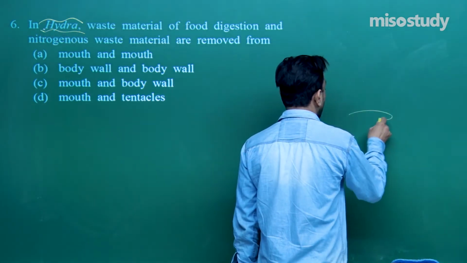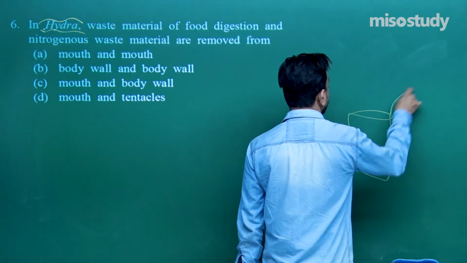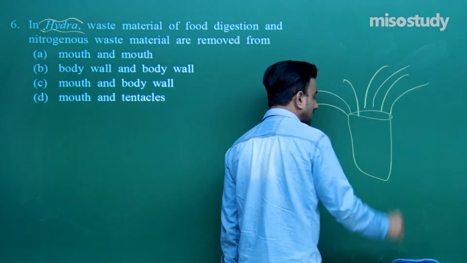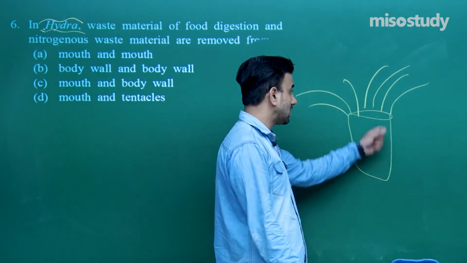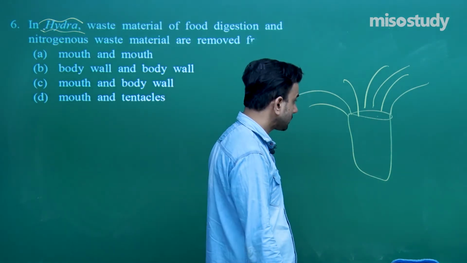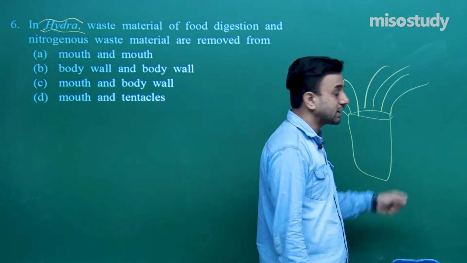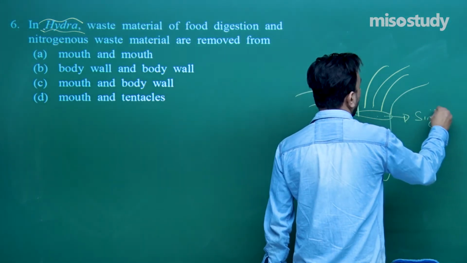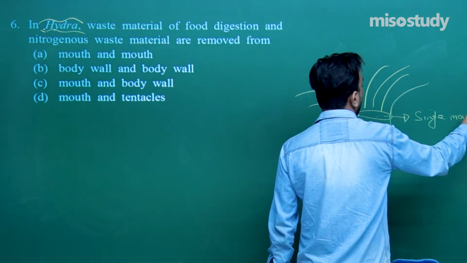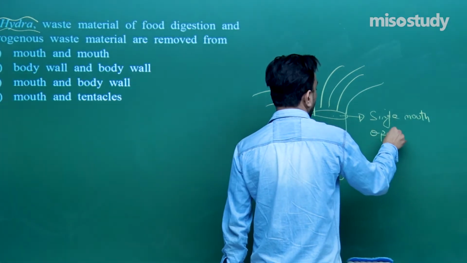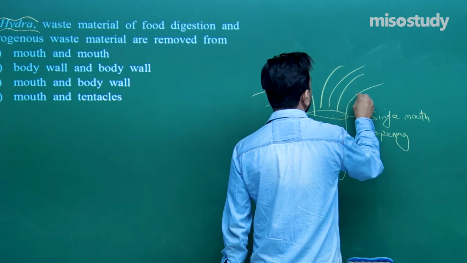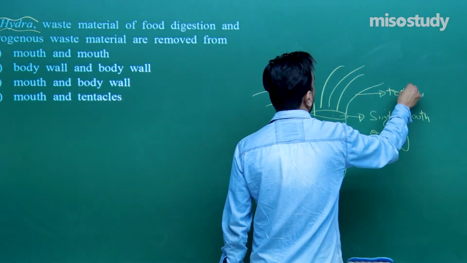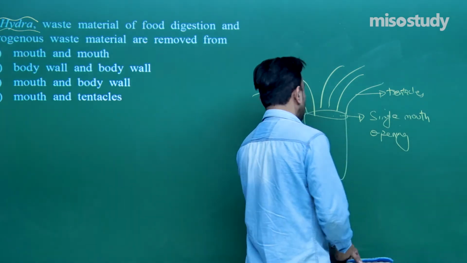If we talk of the general structure, this is the mouth, there is just one opening, that is the mouth, there is no anus formation, and apart from that these are the tentacles.